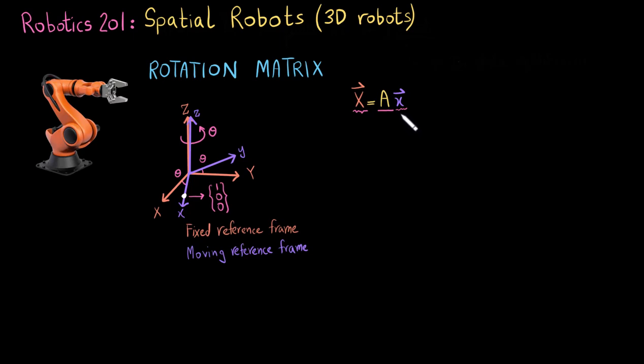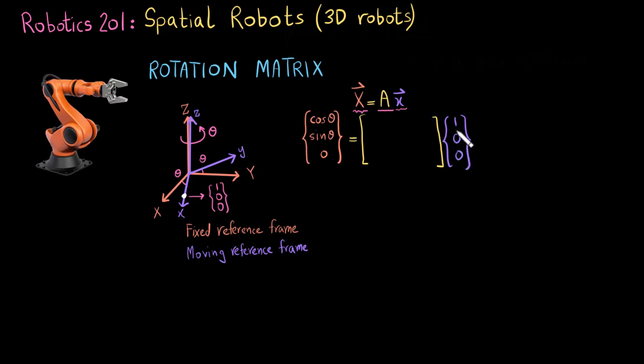I always denote everything in the fixed reference frame with capital letters and everything in the moving reference frame with small letters. So small x and capital X. Now, how do I figure out what my rotation matrix is? Let's say I have written out this equation again in an expanded form.